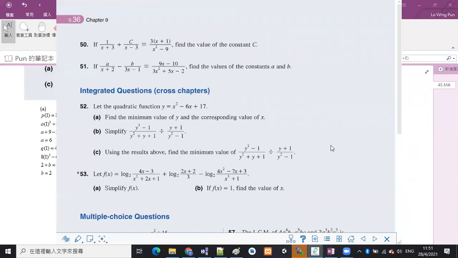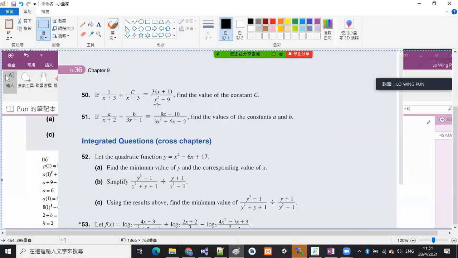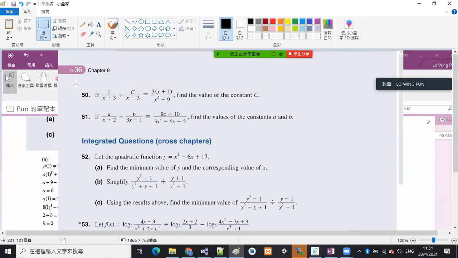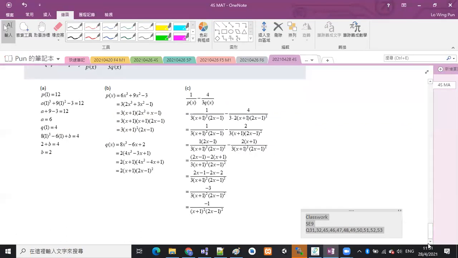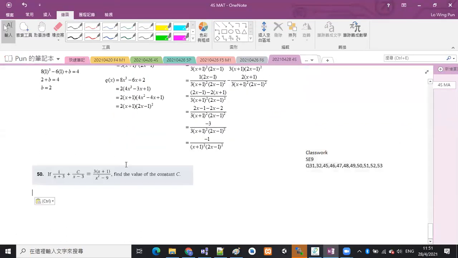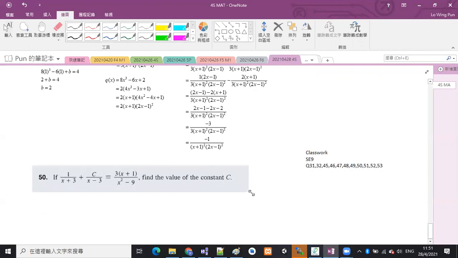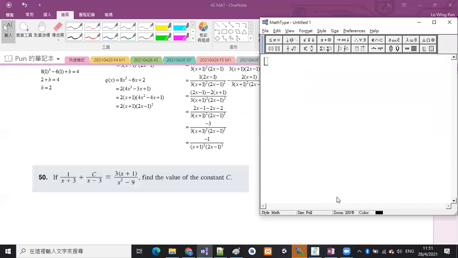Let's look at 50 and 51. Today it is given in the form of an identity. When we see an identity, we may need to compare coefficients. So we need to do the left hand side and right hand side separately. We need to make their denominators equal. Left hand side is 1 over x plus 3 plus c over x minus 3.